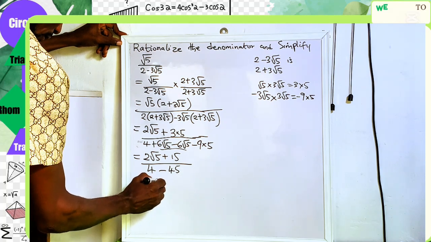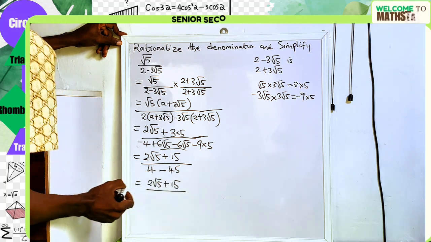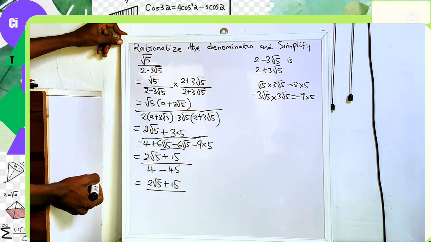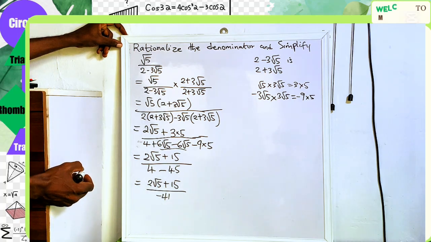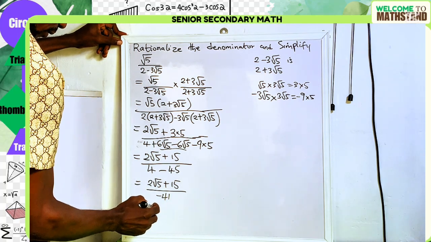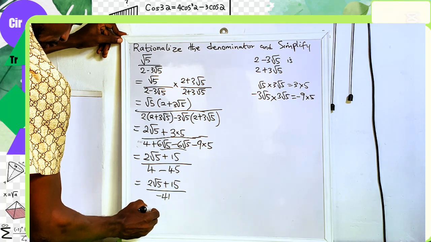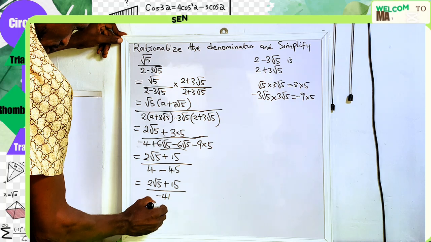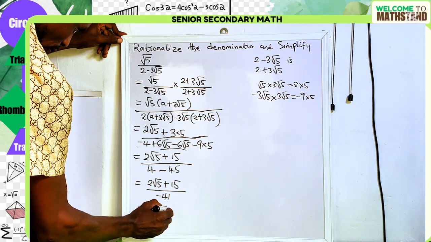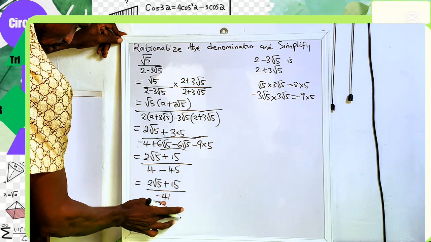So we now have 2√5 plus 15 all over 4 minus 45, which is minus 41. So finally, you can express it as minus 2 over 41 √5, minus 15 over 41, sorry, because it's still minus.